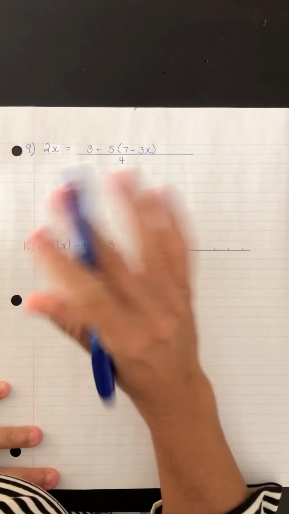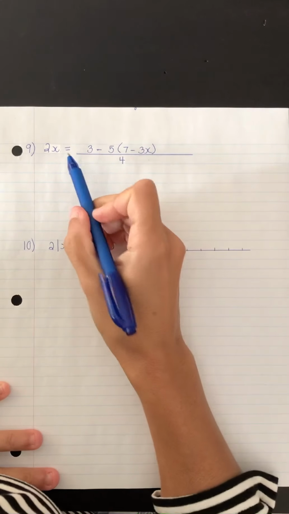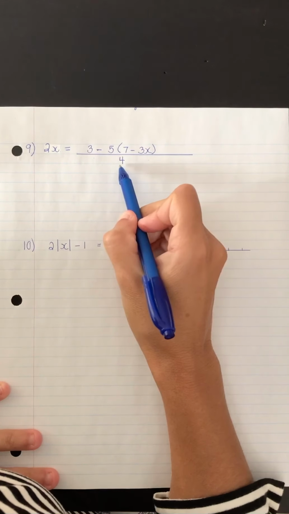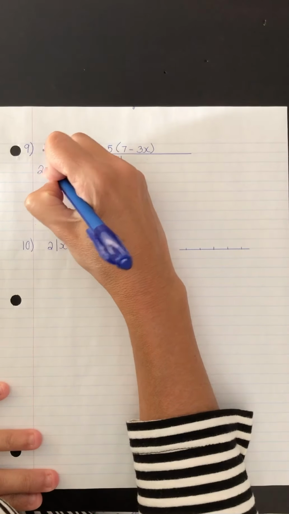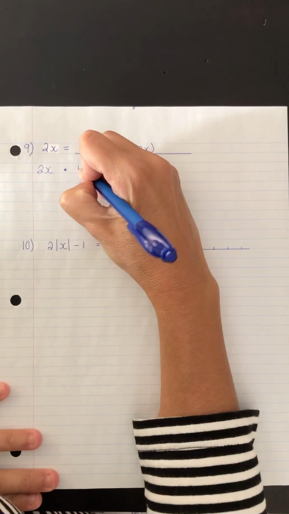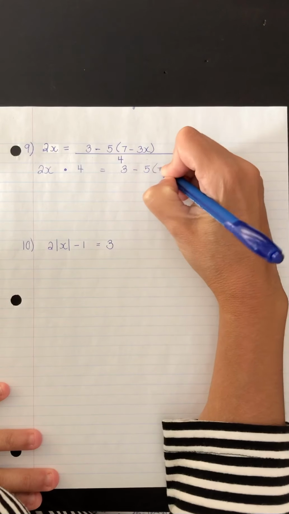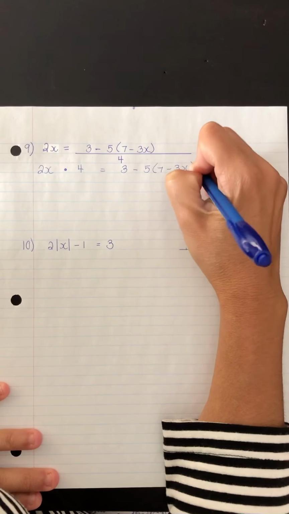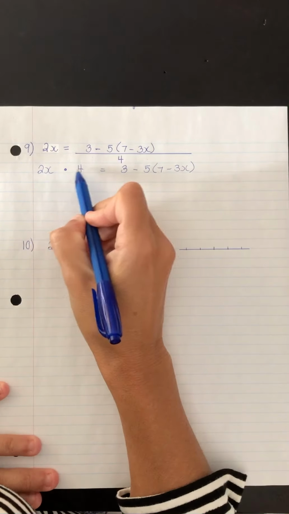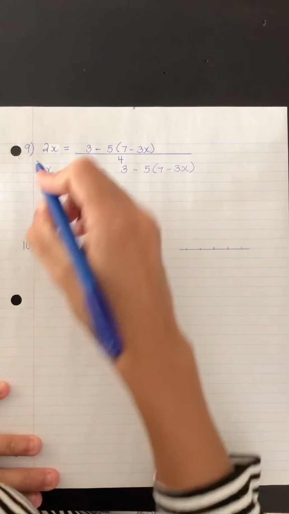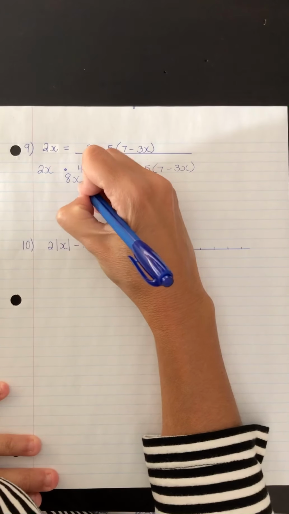It would be very nice to eliminate the fraction by changing division by 4 into multiplication by 4. So the left side of the equation is 2x times 4, or 8x.